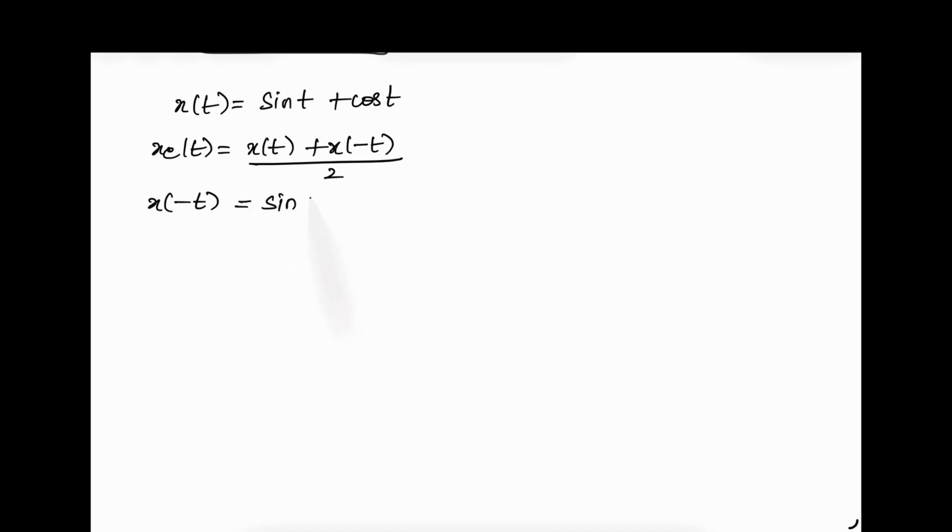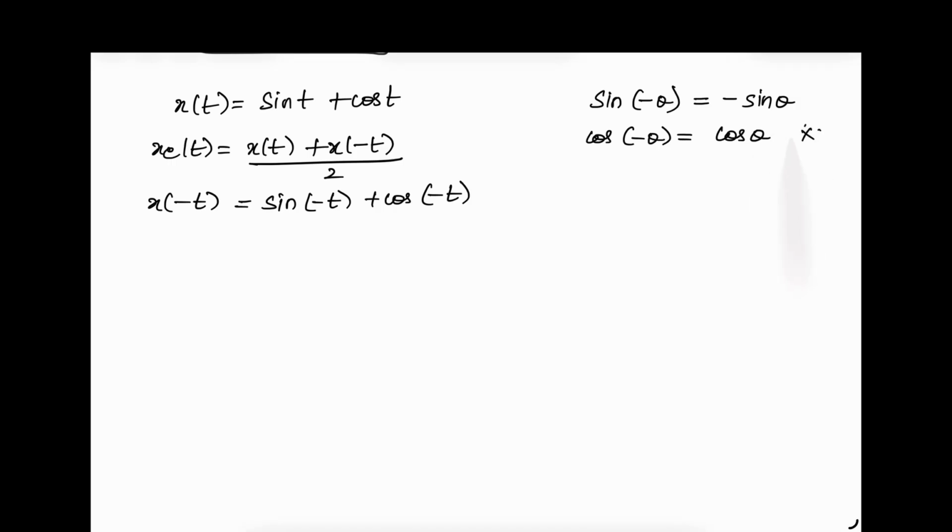So wherever t comes, we need to put minus t. Plus cos of, wherever t comes, you are going to put minus t. So before going for the next step, you have to know the trigonometry identities. Sine of minus theta becomes minus sine theta and cos of minus theta becomes cos theta. So these are important identities which you need to know for this problem.